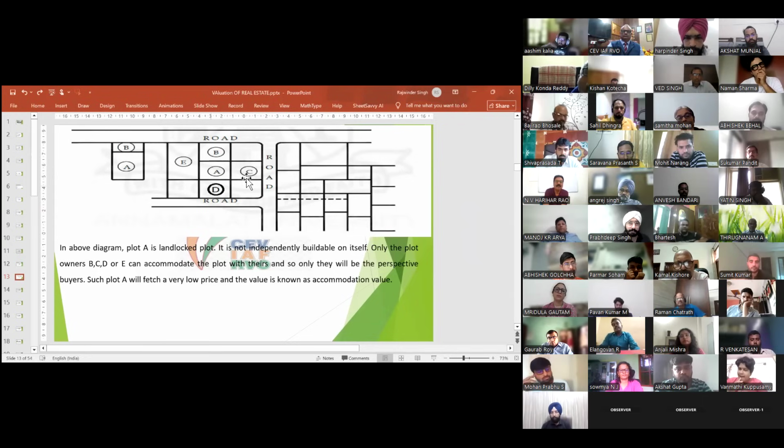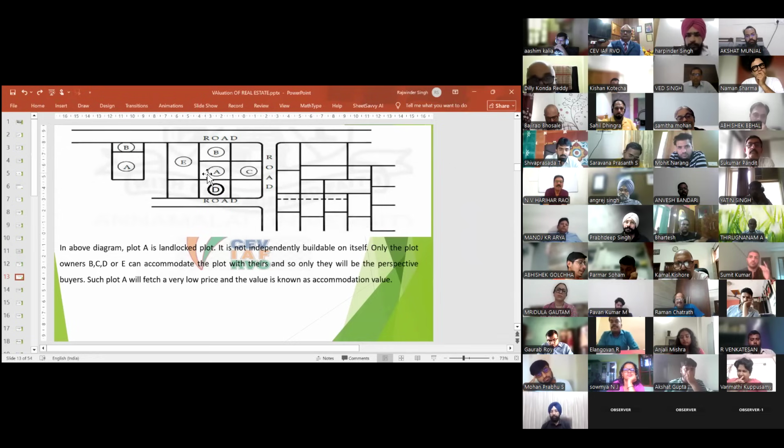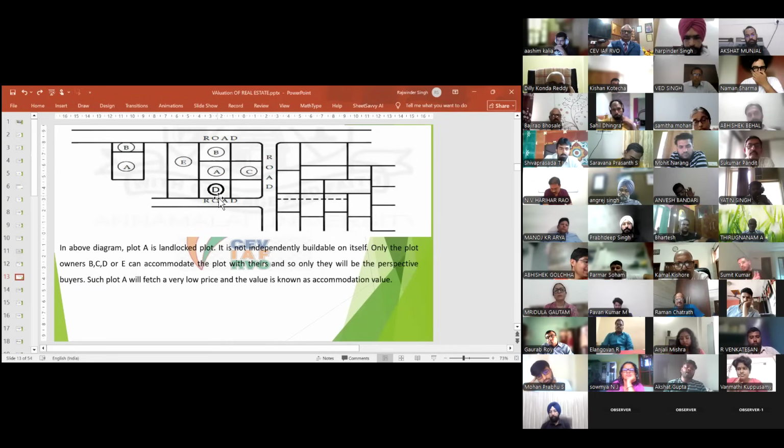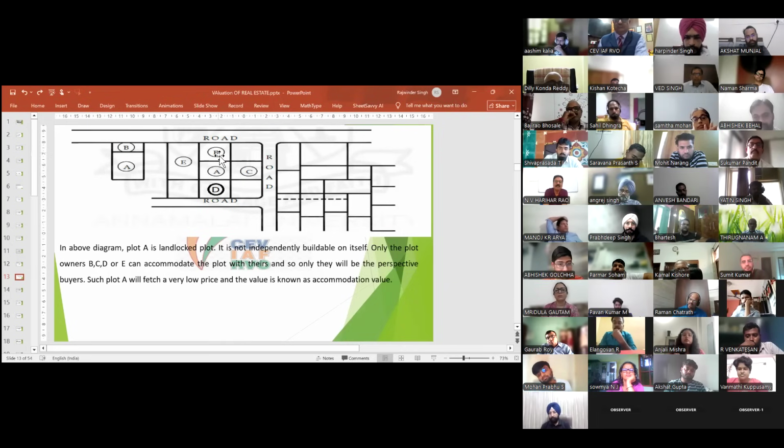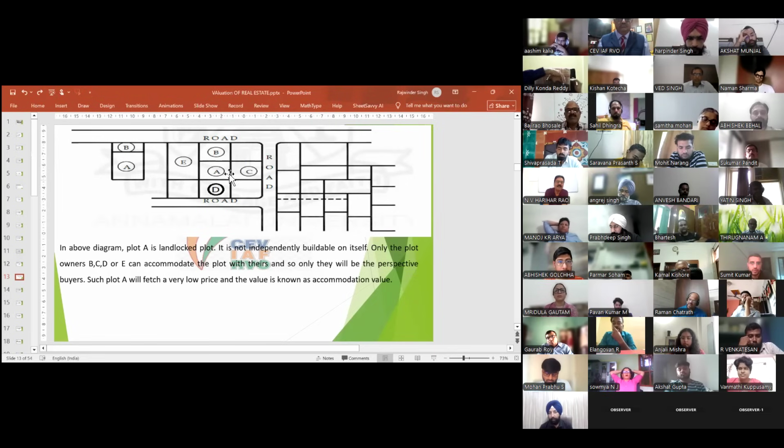Either you have to go through D, C, E, and B. So there will be only 4 buyers for this plot A. Means only E, B, C, and D can accommodate this plot. Only those can buy this plot. So it has accommodation value for all these 4 persons. So the value this plot will fetch will be called accommodation value. Such a land is called a landlocked land because of its location.